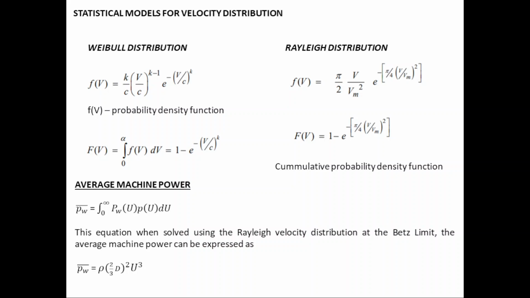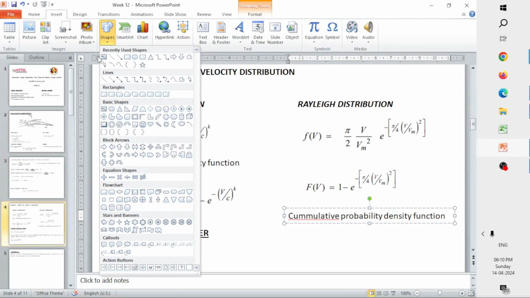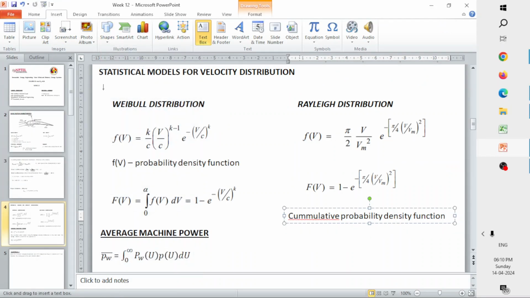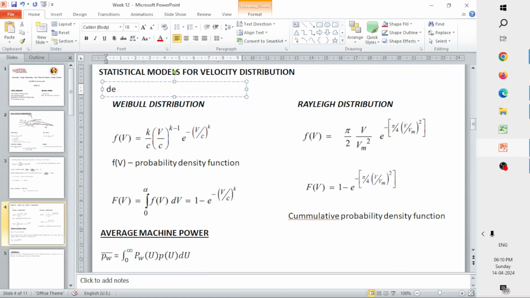Of course, this Weibull distribution also has a certain deviation from the experimental observation, and that deviation happens during the calm period. The calm period is the period at which the speed of the wind is 0.